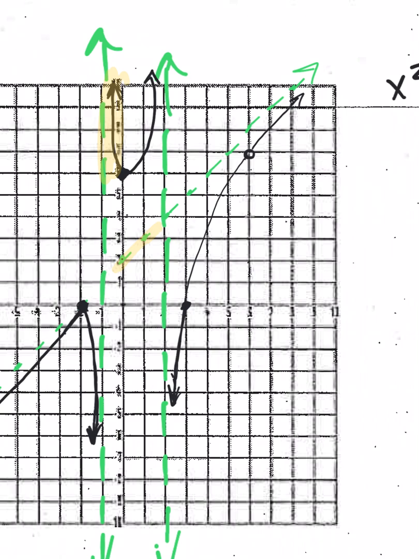Is there a point for it to cross the x-axis in between here? No, there isn't, is there? So if it was going to go downward, it can't cross this vertical asymptote. It can cross the horizontal, it can't cross the vertical, can it? So if there's no place for it to cross on the x-axis right here, then it has to go up. And if that side went up, the other side had to go down, didn't it?